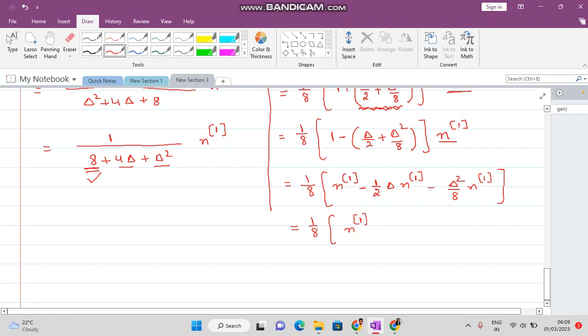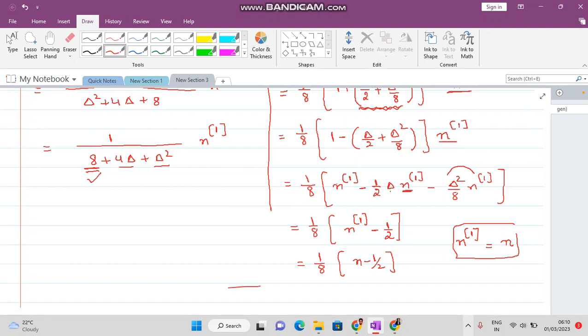So delta of n raised to the power 1 factorial, its derivative, is just 1. And the double derivative of this function is 0. So this can be written as 1 by 8 into (n minus 1 by 2), because the factorial polynomial n raised to the power 1 is equal to n. This is the final answer of the problem.